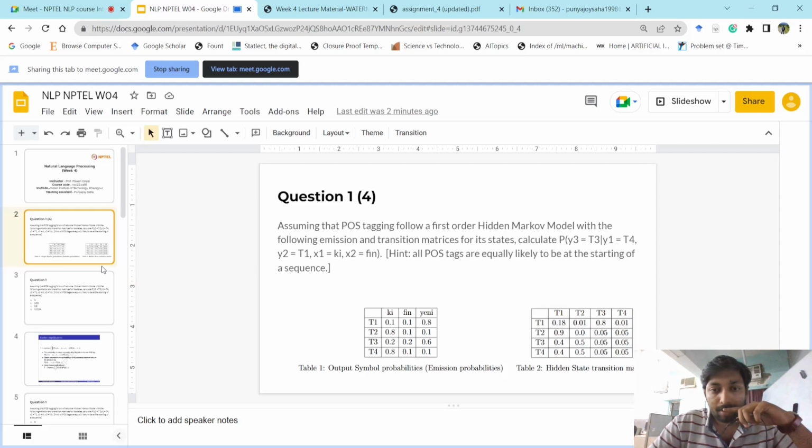So first, can someone explain what is hidden Markov model? You can just write in the chat maybe.